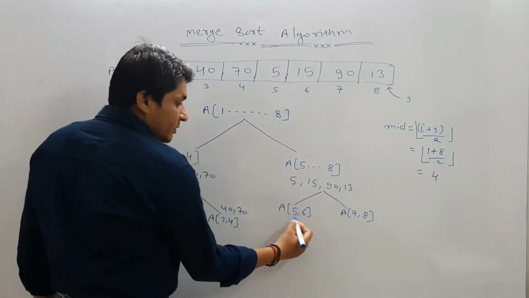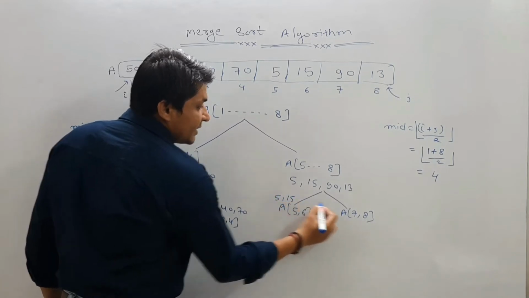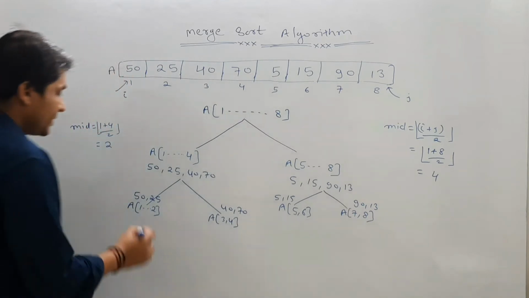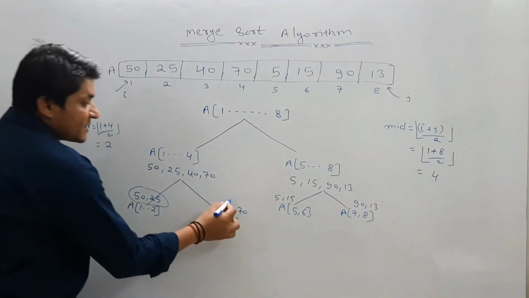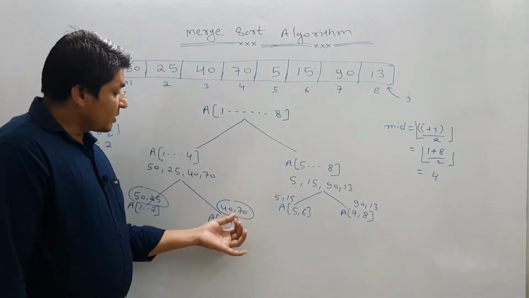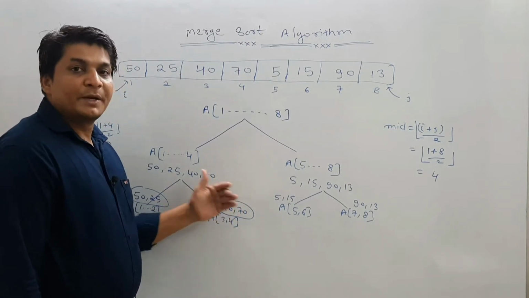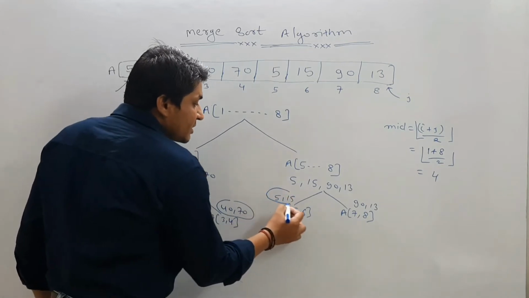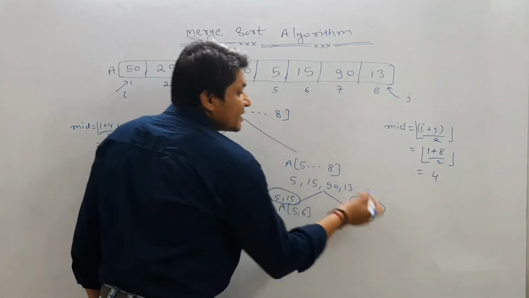This part contains 5 comma 15 and this part contains 90 comma 13. Correct? Now this is not a sorted array. We are not able to say whether this is sorted or not, because whenever there is more than one element, we cannot say without comparison whether it is sorted or not. So we can assume it is still not sorted.